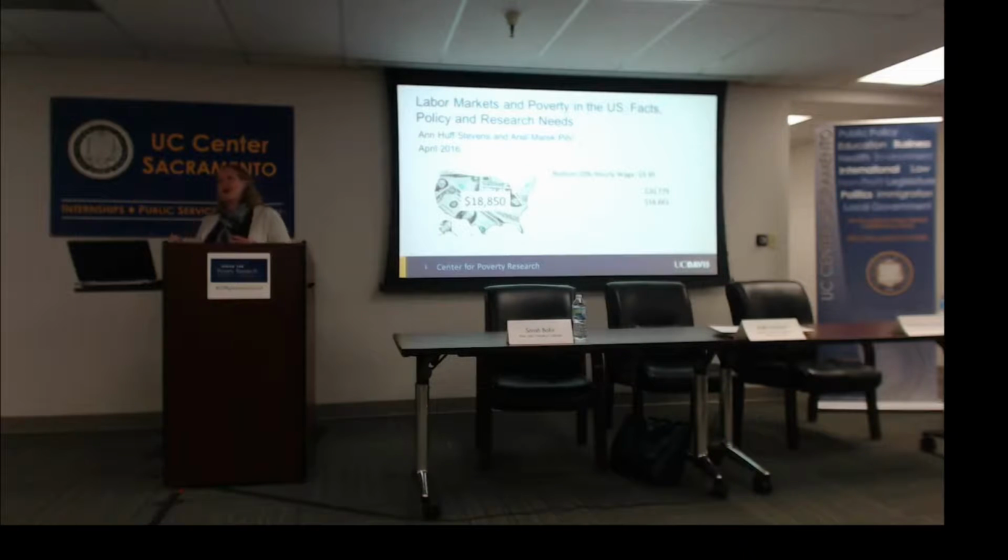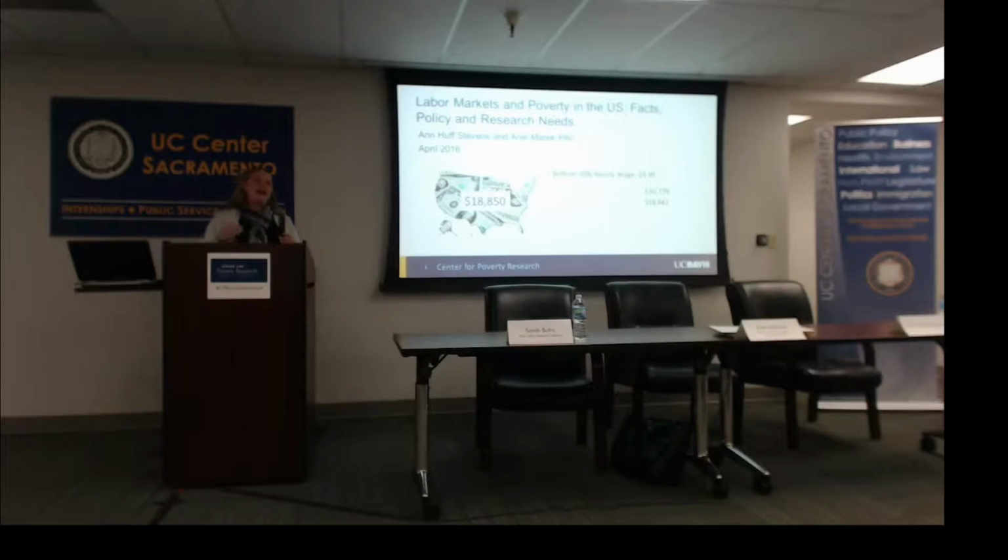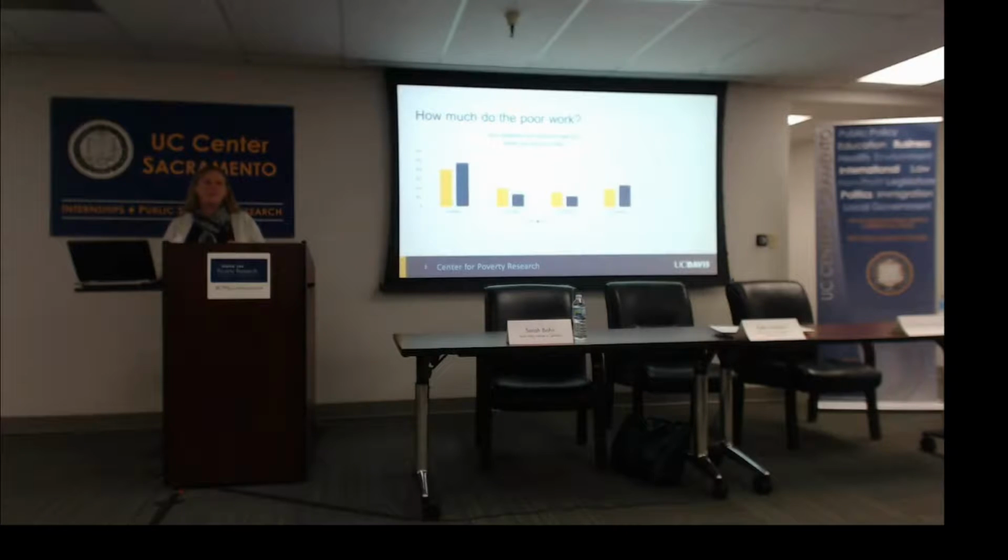Now, if you take average hours of work for the bottom 20% of wage earners, you get a substantially lower number, around $15,000. But this is just to set ideas that in our current reality in the labor market, and the reality that has been here for decades now, it is quite possible, even with full-time or close to full-time work, that a family will not be above the poverty line.